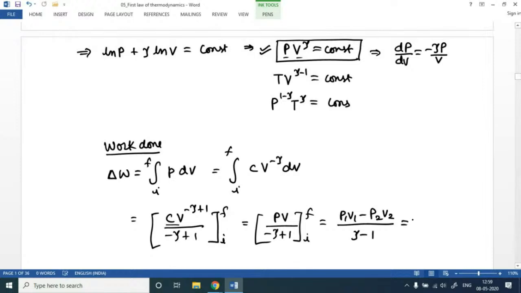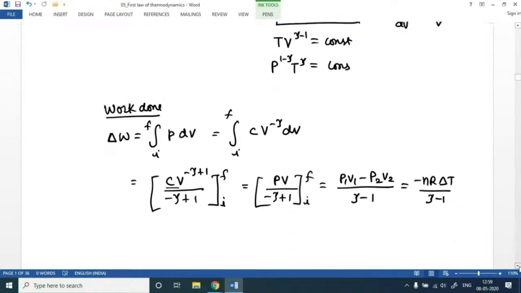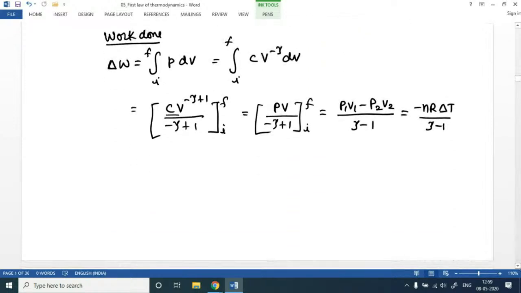And this alternatively could also be written as minus nR delta T upon gamma minus 1. So this expression here is work done by the gas for an adiabatic process over here.